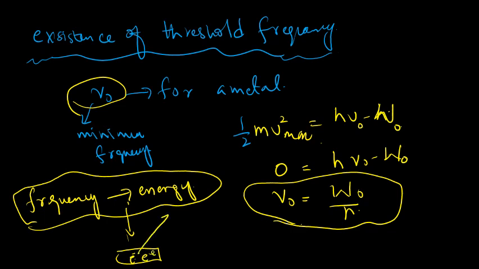As a result, the electron will be emitted. This is the minimum frequency needed by the electron just to be liberated from the metallic surface with zero kinetic energy. We cannot explain it with the wave theory of the photoelectric effect.